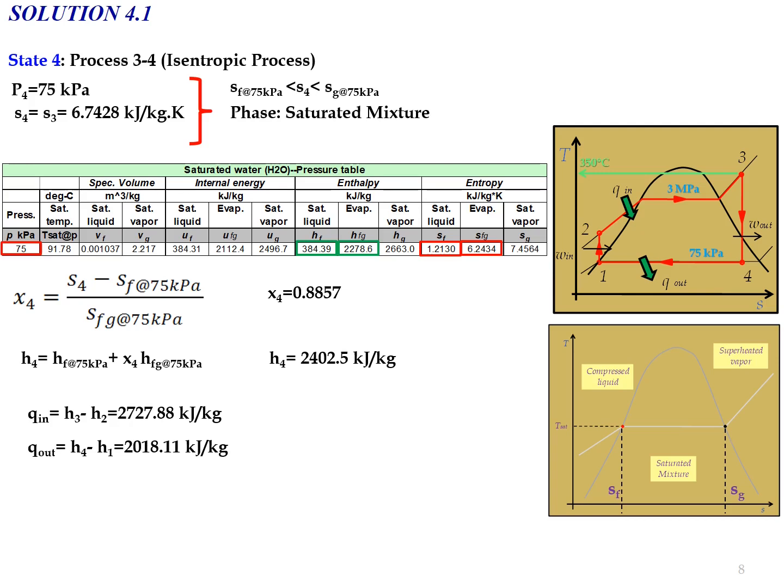Q out equal to H4 minus H1 equal to 2018.11 kilojoule per kg. Then you can substitute the values of Q in and Q out into the thermal efficiency equation, and we get the thermal efficiency for the ideal Rankine cycle for example 4.1 equal to 0.260, or 26%.